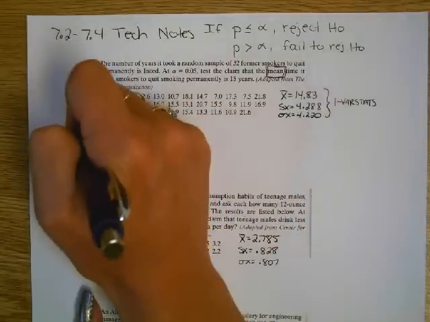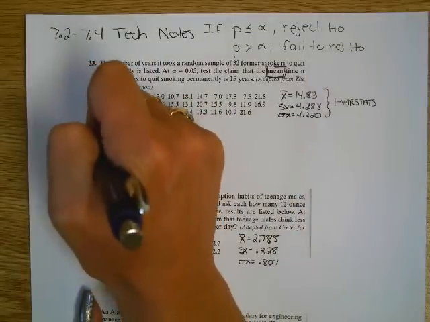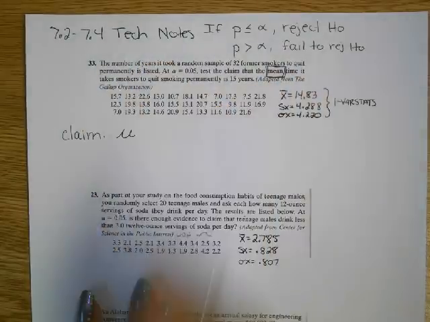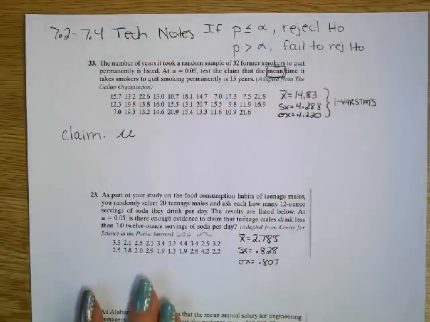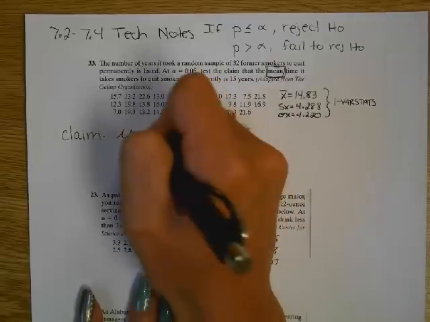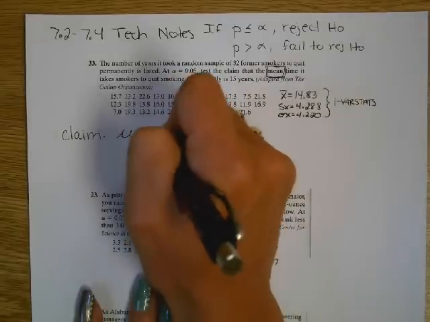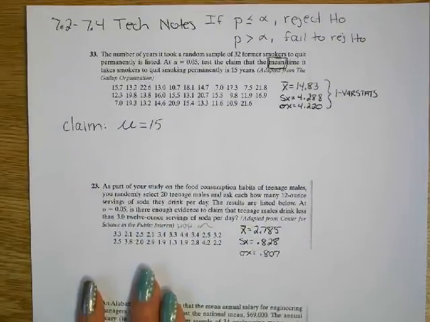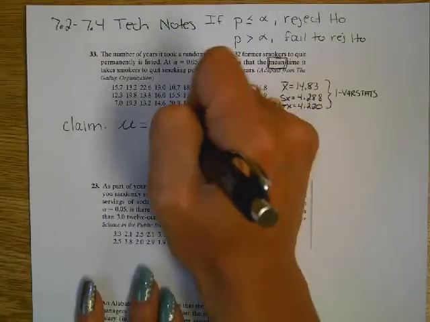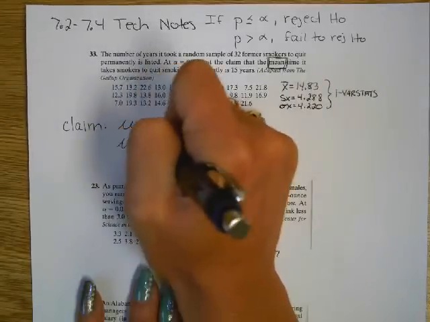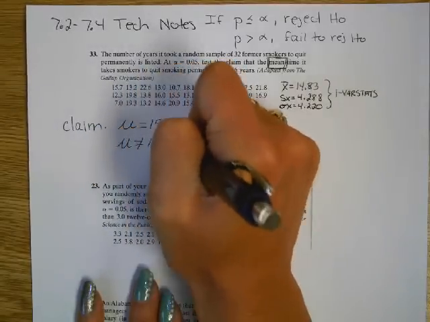So the claim is that the mean time it takes to quit is 15 years. In this case, the claim is H0, so the mean not equal to 15 is the Ha.